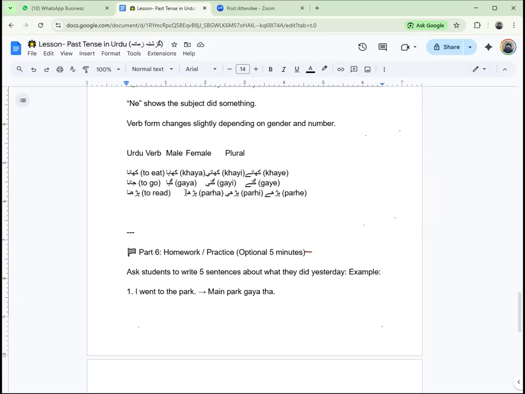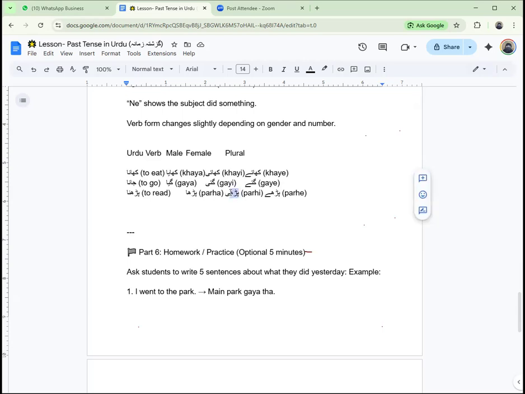Now, उसने मैगजीन पढ़ा. Okay, उसने मजमून पढ़ा or उसने मैगजीन पढ़ा. He read the magazine. पढ़ी, उसने किताब पढ़ी. I will give you a list of feminine words and male words.